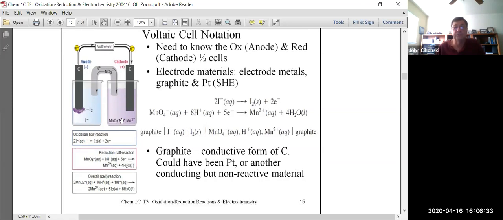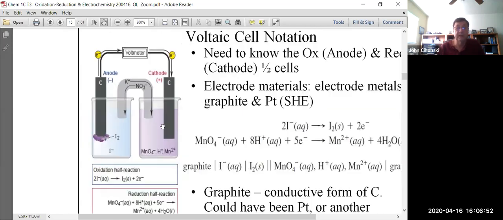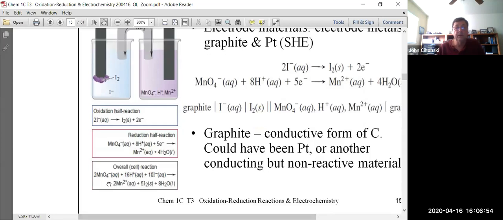So we have two half reactions. And remember I said there was an advantage to having the half reaction method? You knew what was happening at each electrode. So if we look at the overall equation here, maybe bump that up a little bit, we notice that we have the permanganate and the iodide on the same side.